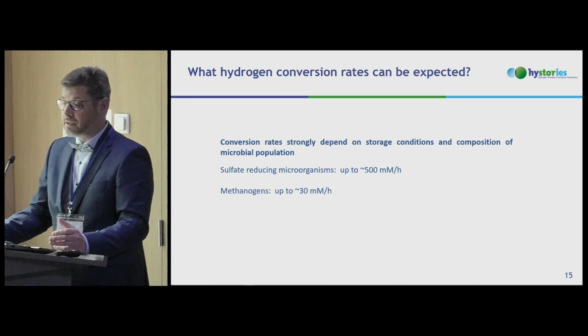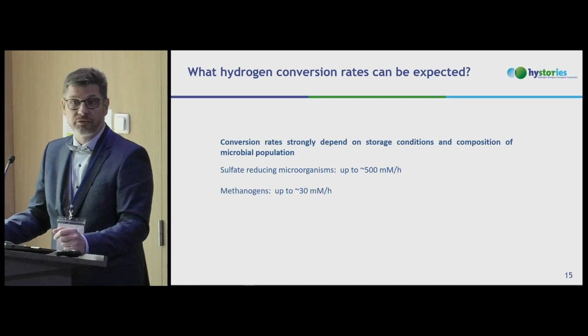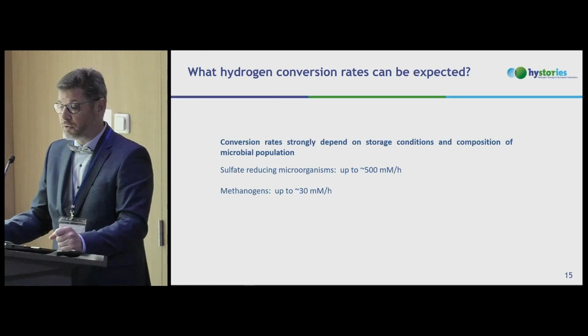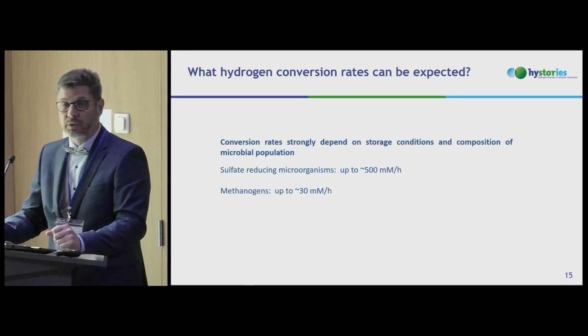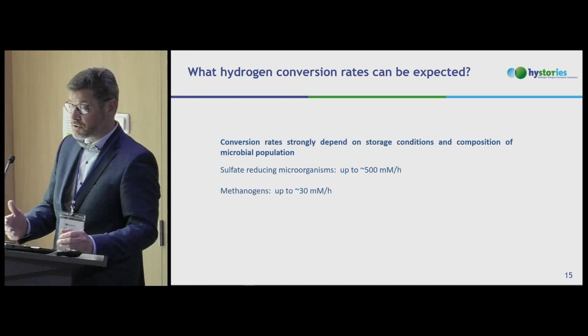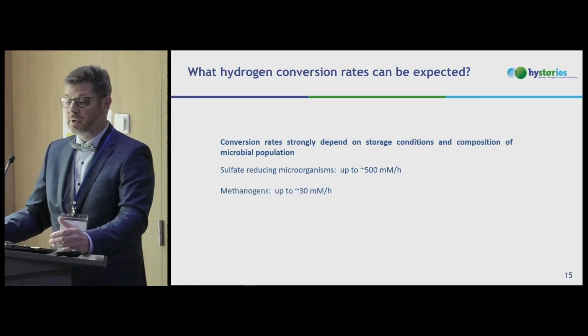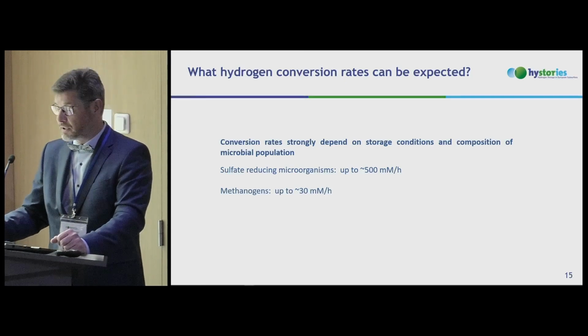Nevertheless, we determined maximum conversion rates for the sulfate-reducing microorganisms of up to 500 millimole per hour and up to 27 millimole per hour for methanogens. In the literature, values up to 900 millimole per hour can be found. But again, these values depend strongly on the respective reservoir conditions and have to be determined specifically for each individual case.